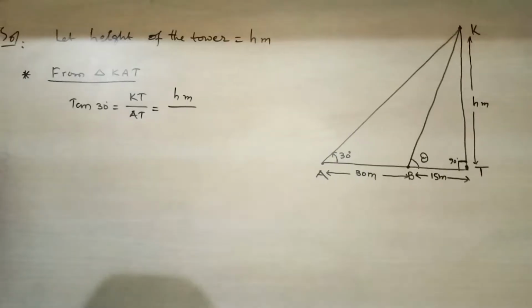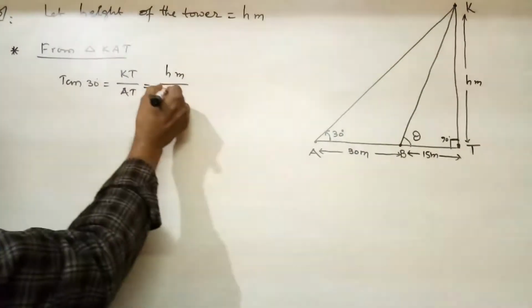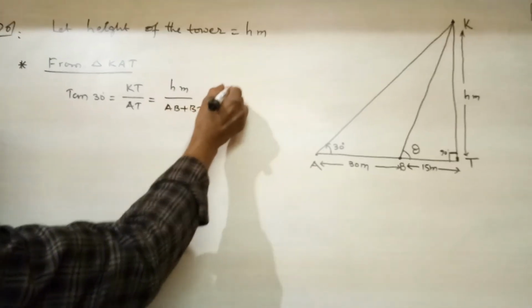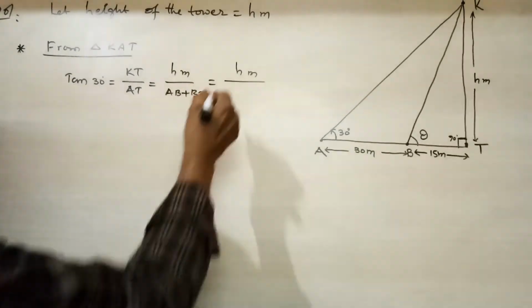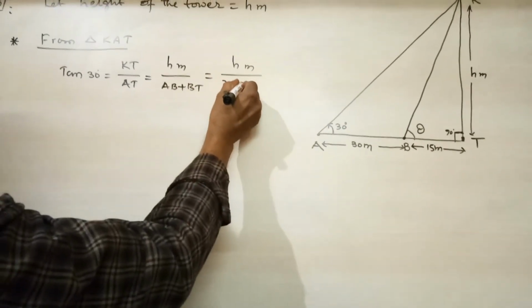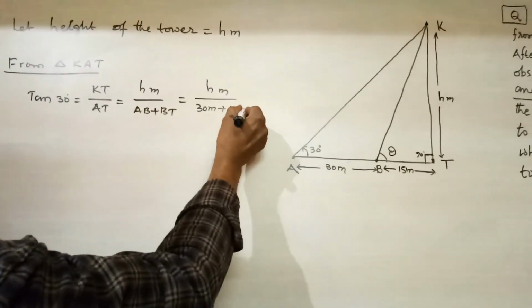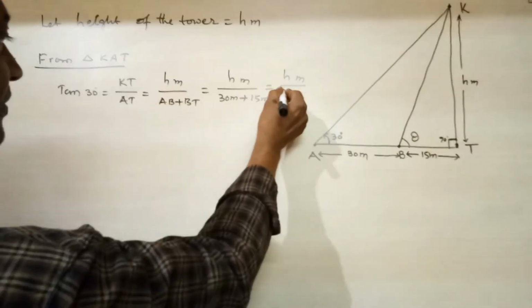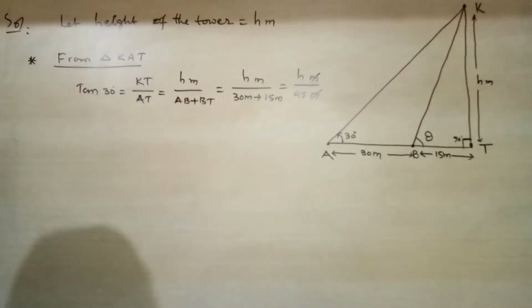Here the AT value is AB plus BT. AB is 30 meters and BT is 15 meters. So tan 30 degrees is h meters by 30 plus 15, that is 45 meters. Meters will cancel.